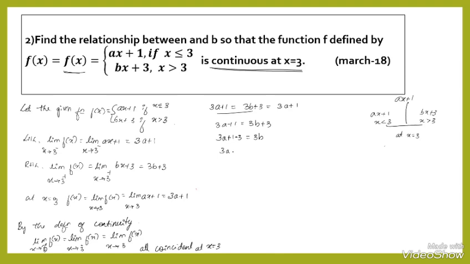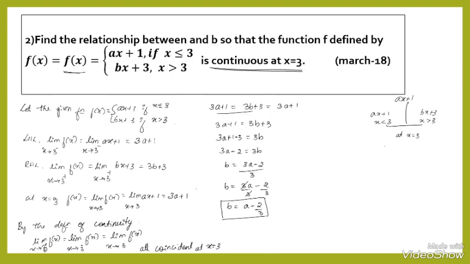Then b is equals to 3a minus 2 divided by 3, I can take separately, that is 3a by 3 minus 2 by 3. I will cancel 3 by 3. Then b is equals to a minus 2 by 3, this is the relation for a and b.